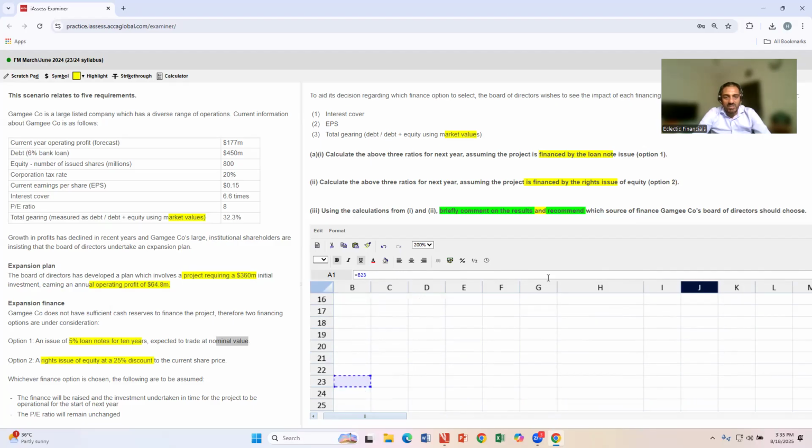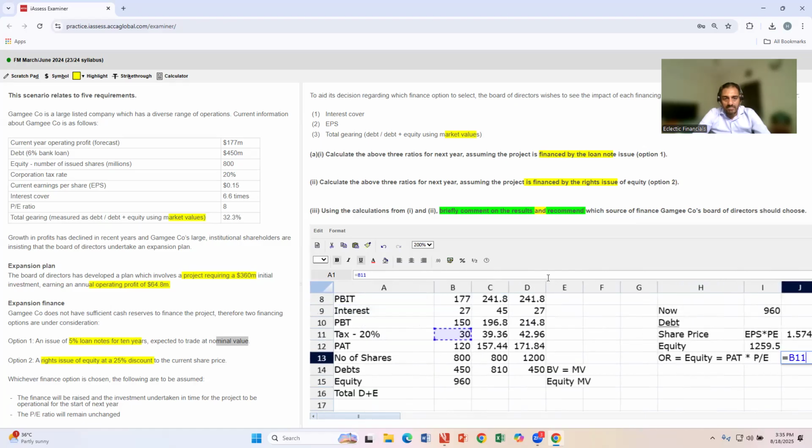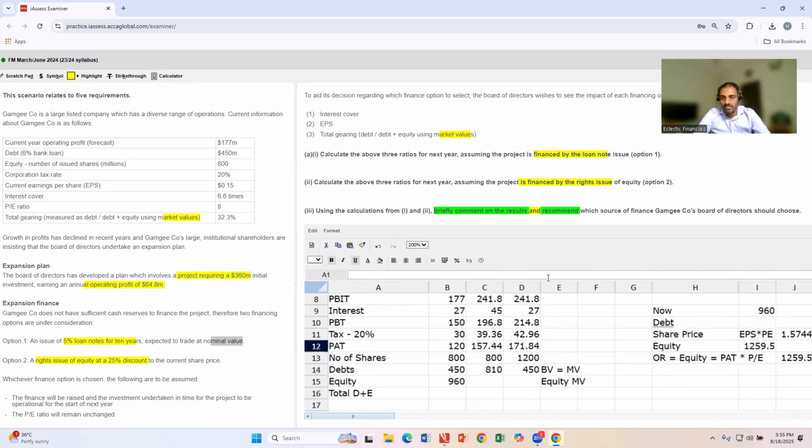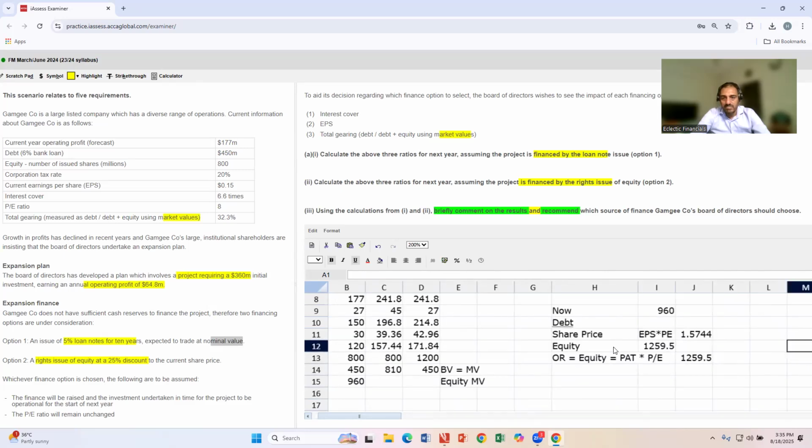How much is the profit after tax? 157.44 into 8. Same answer, both ways. Means you don't need to calculate per share price. Just profit after tax multiplied by PE.